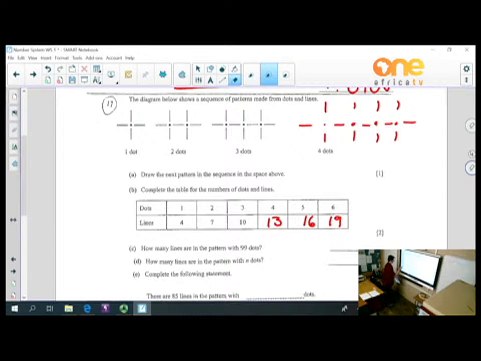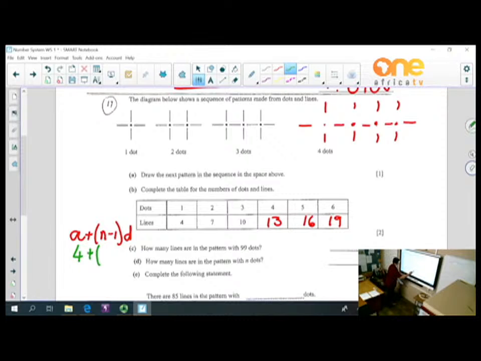Now, there's a very nice formula, A plus N minus 1 D. And this works actually very nice if you know this. So A is your first term. The first term here is 4. N stands for the number 99. So what is 99 minus 1? 98.